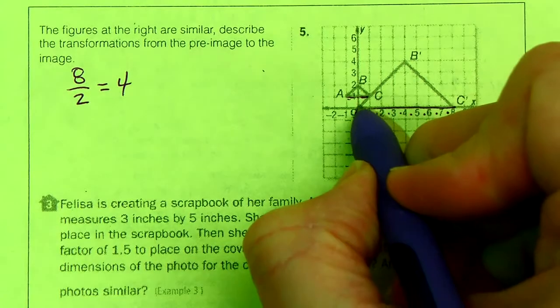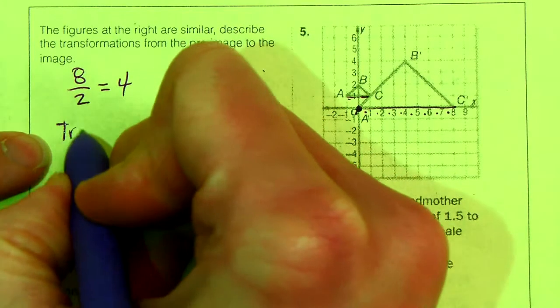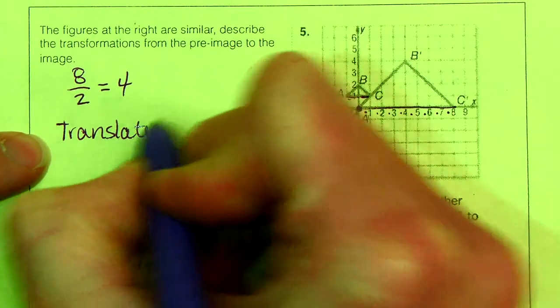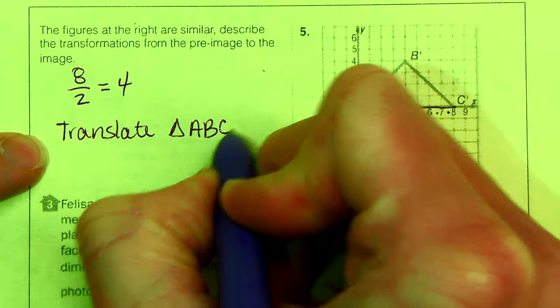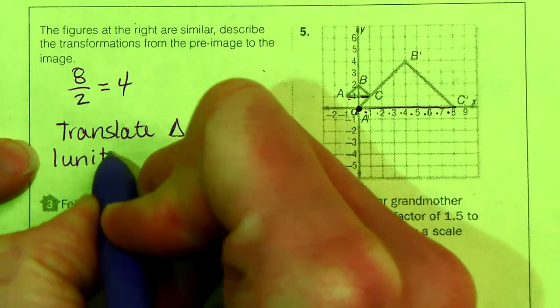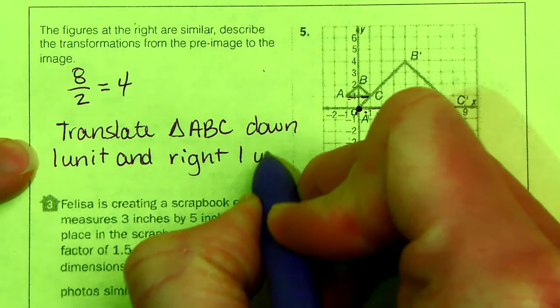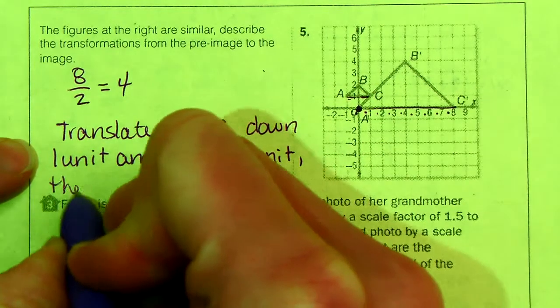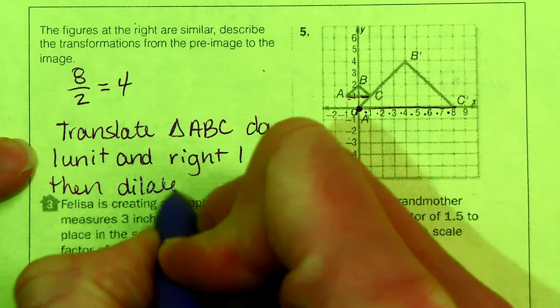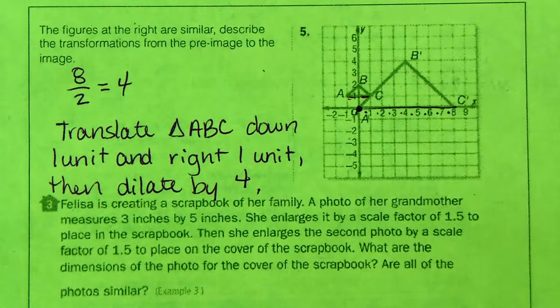So I'm going to say, translate triangle ABC down 1 unit and right 1 unit, then dilate by 4. Now, if you dilate it by 4 first, it's going to be different, but hopefully you can get this last one.